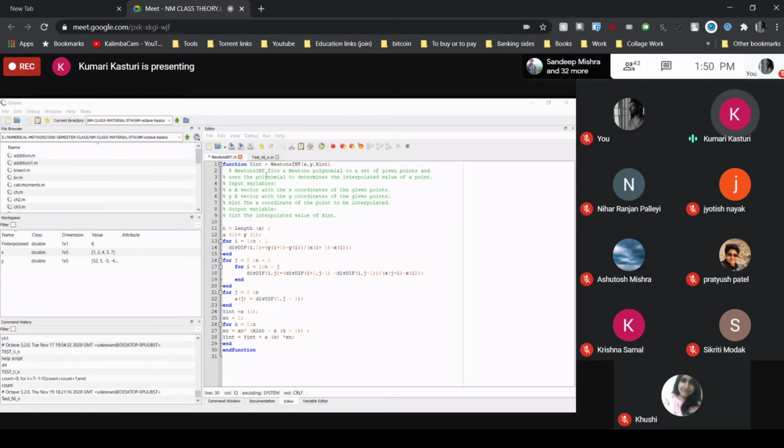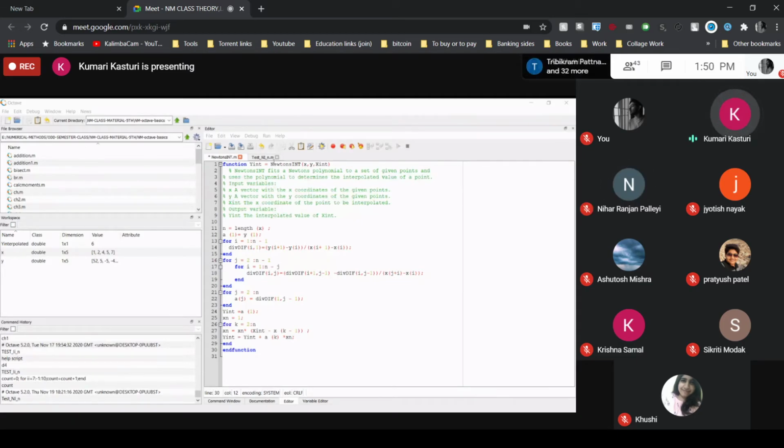You can see in that question it is told that you have to do the same procedure you have done in the Lagrange polynomial, but here you have to make a function file. What is the function file name given to you in the question? Question number 2, Newton Paul, ma'am.